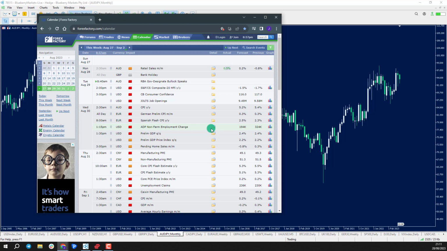Are the markets going to rush to safe haven currencies like the yen, or are we going to see something different if we see a shock number and we see the actual manufacturing PMIs coming a little bit above expectations? So that play is interesting to me this week.